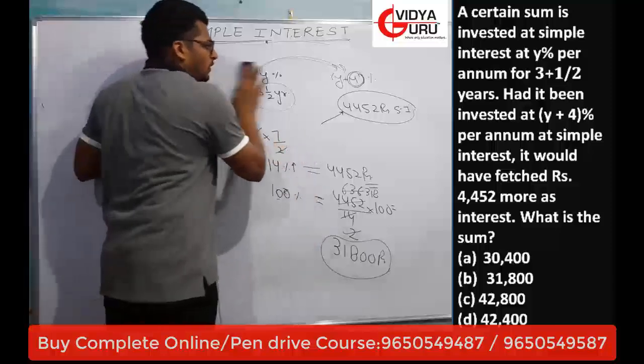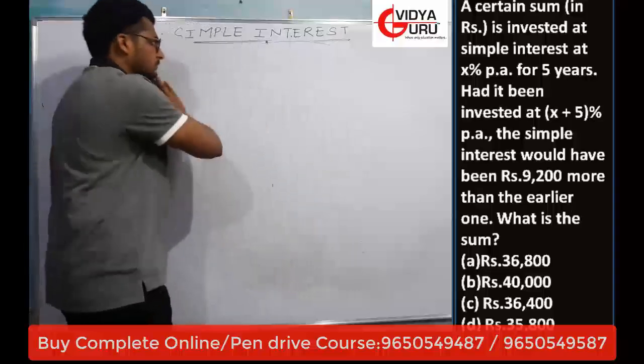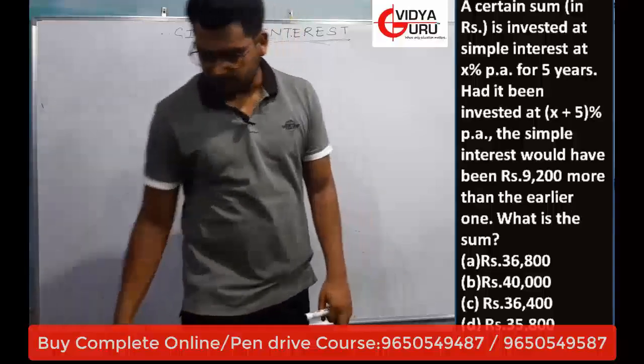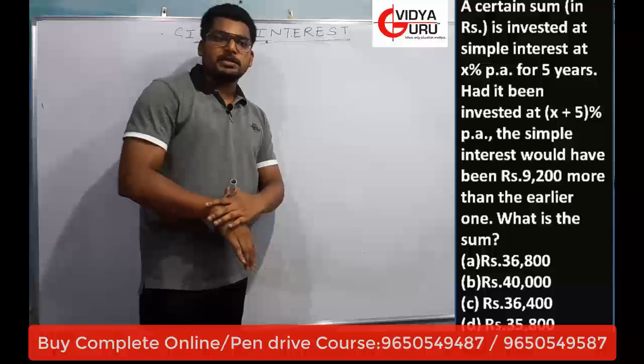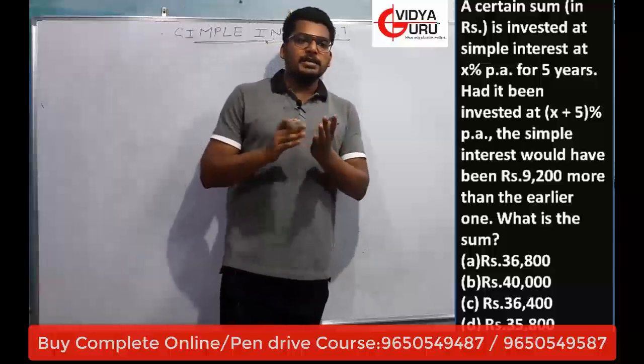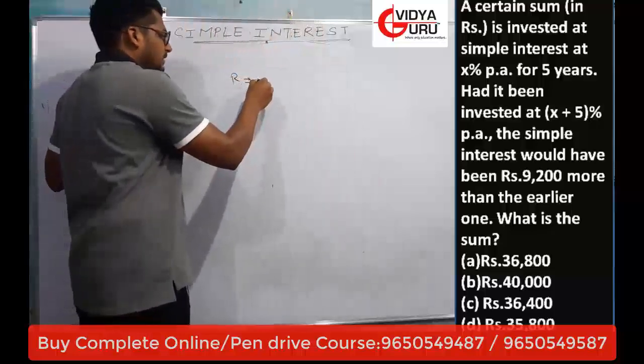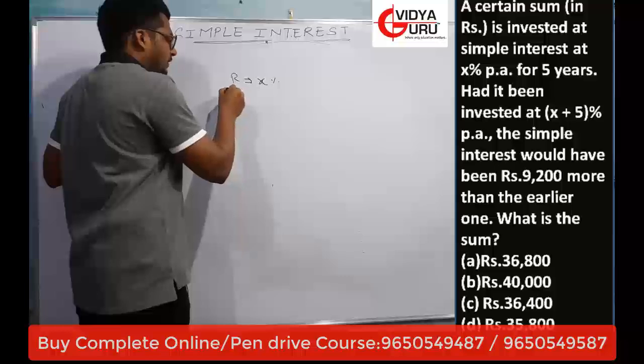Moving on to our next question, which is a very interesting and very important question. What is the question saying? A certain sum is invested on simple interest at X% for 5 years.